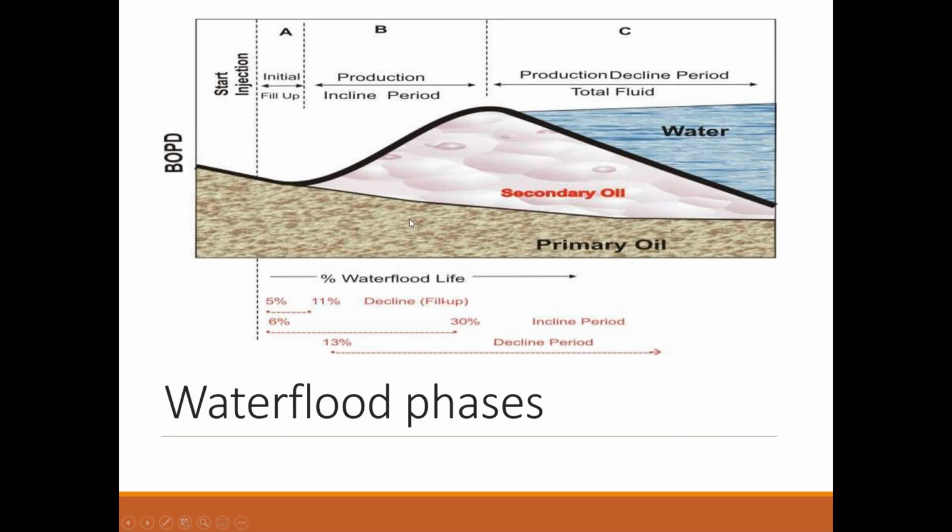You can see clearly that by implementing a secondary recovery technique, that is water injection, there is a gain in oil production. This is a typical representation of a reservoir where you initiated water injection after a certain point of time, and then the reservoir responds and there is an increase in production.